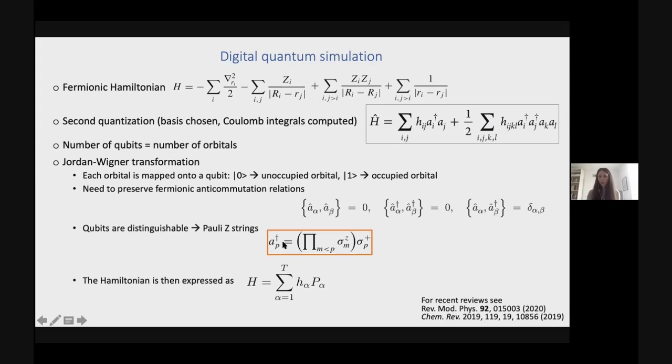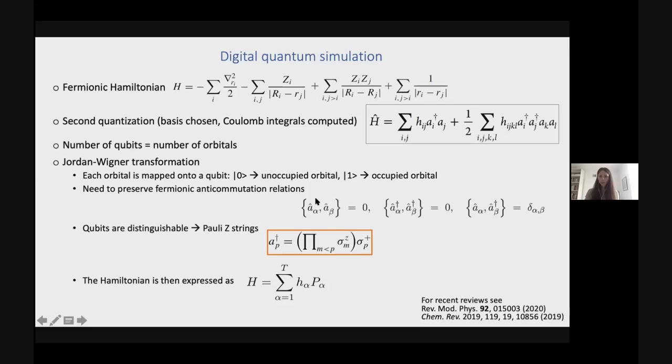We do this by replacing creation and annihilation operators with not only ladder operations for the qubits, or raising and lowering operators, but also with these operators tensored with Z gates on all the qubits representing the orbitals numbered prior to the particular orbital we're either creating or destroying a particle in.